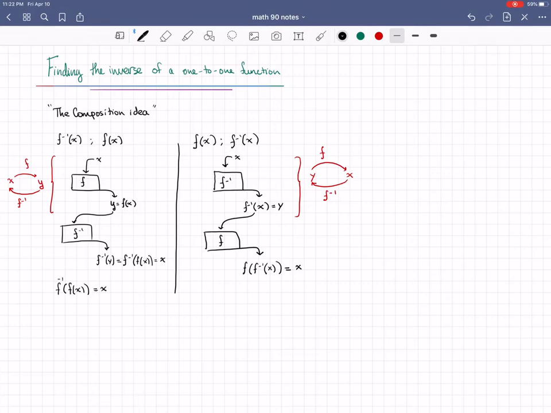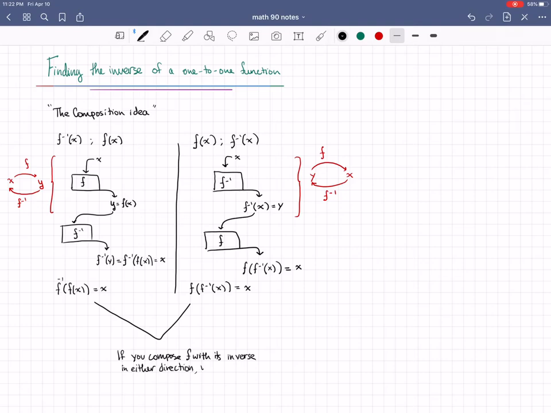So what we're seeing here that's sort of unusual is it doesn't matter which direction you compose the two functions. And I'm going to write that here. If you compose f with its inverse in either direction, you end up back with x.